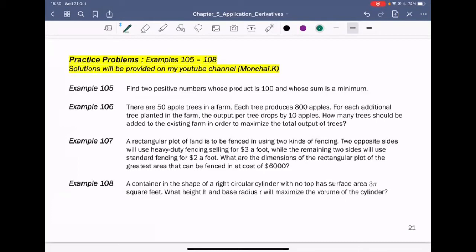So examples 105, 106, 107, and 108 are examples to make you practice on optimization problems. If you want to sharpen your skills, you can try to do all of these. The difficulty is not that hard compared to the previous examples.